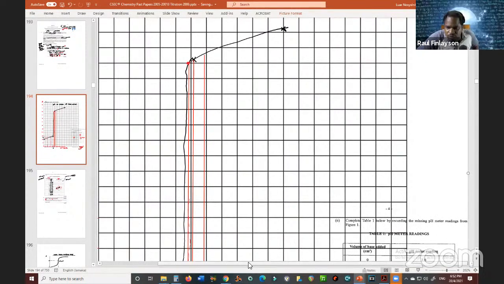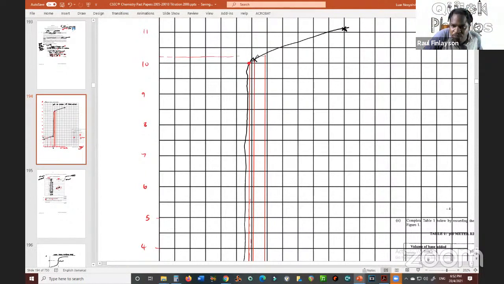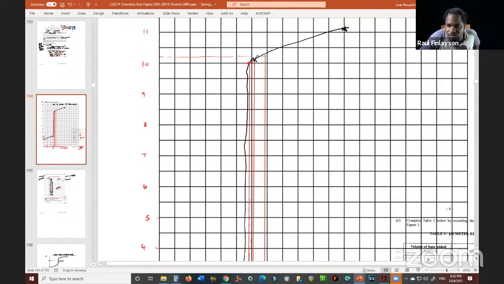And let's go across and see what number that lines up with. This looks to be almost 10 and a quarter. No, it's actually about 10.3 here. So about 10.3 now. We'll just take out this line.